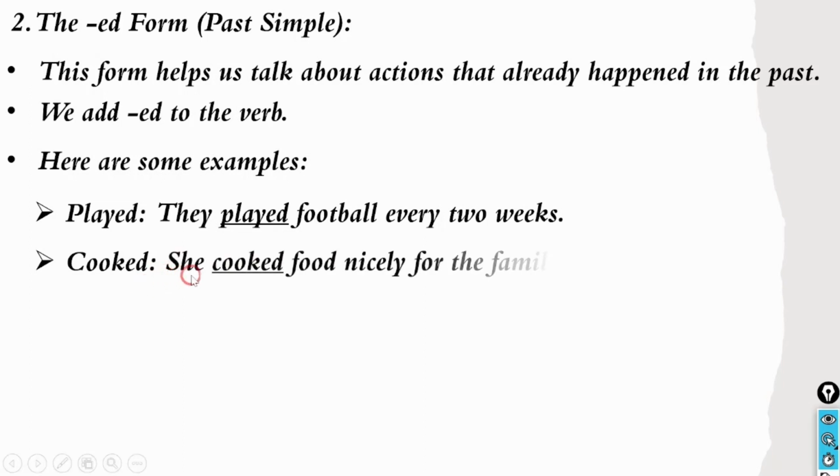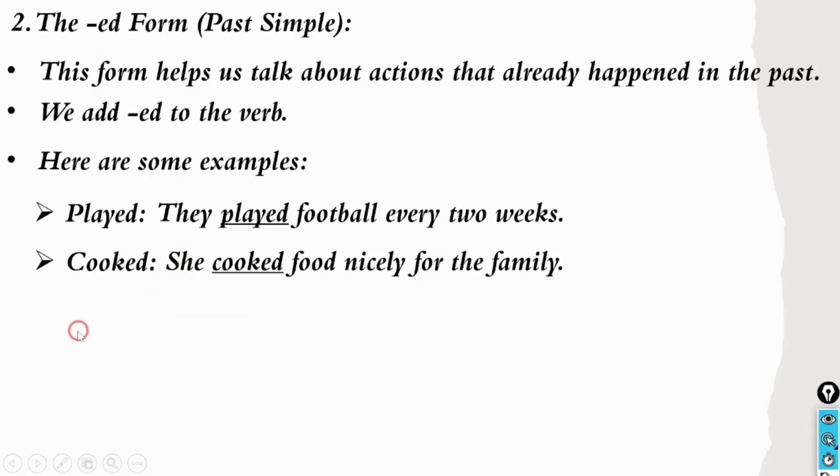For instance, we are saying, "She cooked food nicely for the family," meaning the cooking of food was done in the past. That's why we have added the ed there. So these are what we call the ed form verbs.